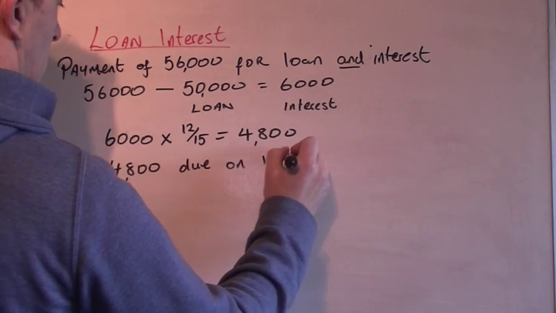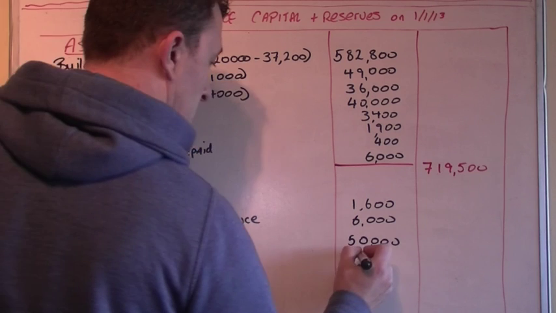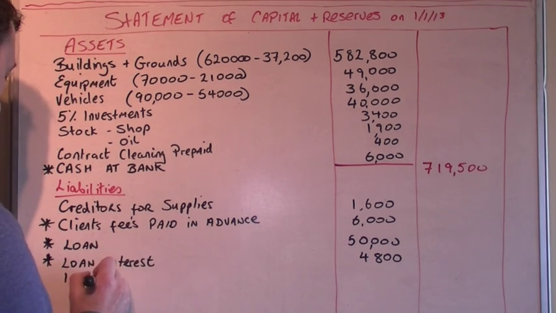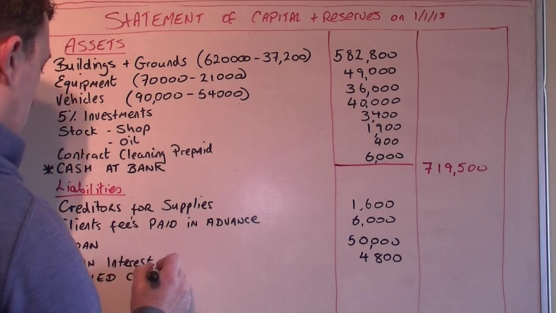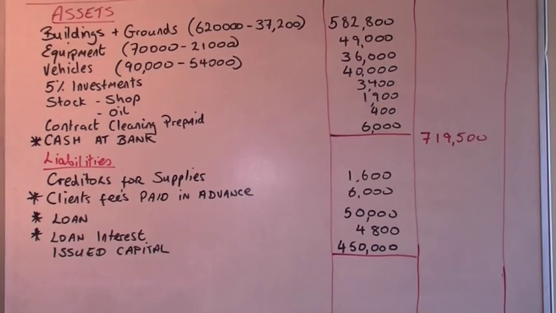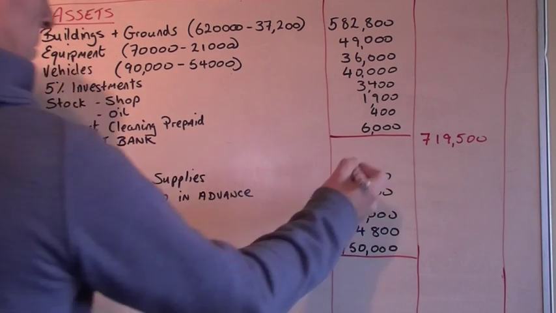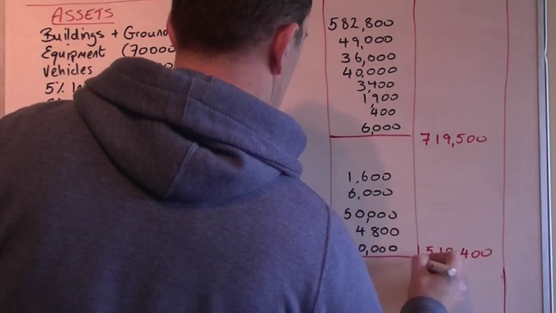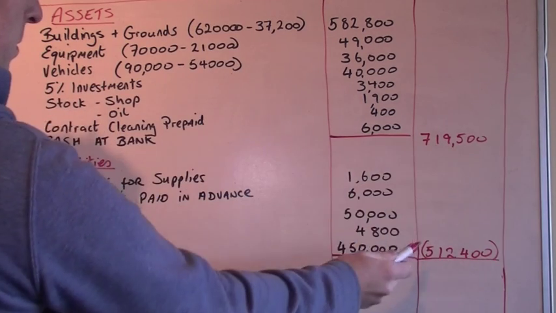Now 12/15ths of that are 4,800. So we work it out that the loan interest due at the beginning of the year was 4,800, along with the loan of 50,000. Finally, we wrap it up with our issued capital of 450,000, which totals 512,400 euro for our liabilities.